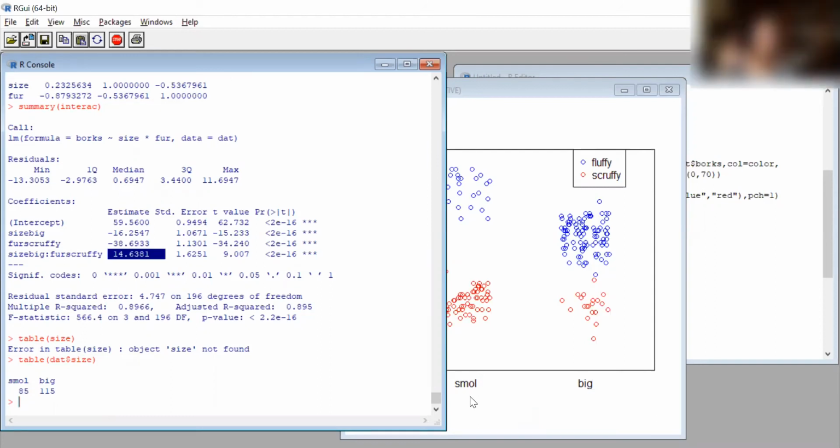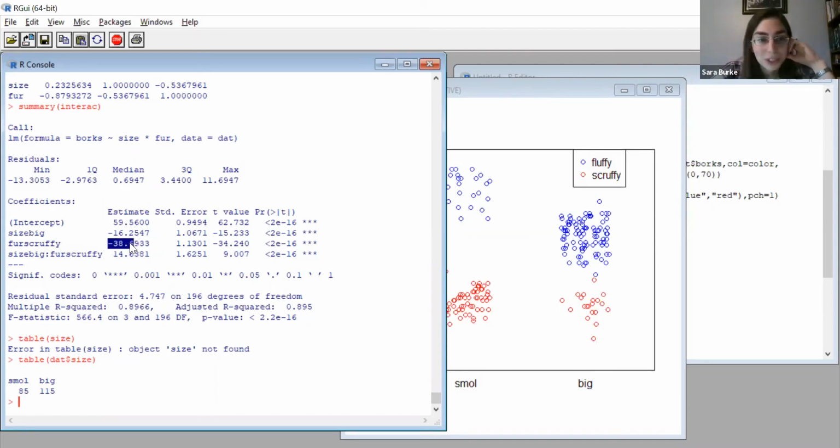And then is it the same thing for scruffy versus fluffy, like the difference between scruffy and fluffy for small dogs, and then that difference is 14 less for big dogs? Yeah, definitely, right. The difference between fluffy and scruffy is negative 38.7 when we're talking about small dogs.